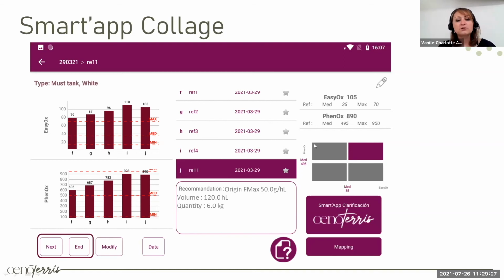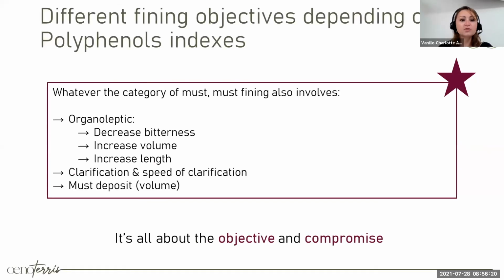But whatever the category of must finding also involves organoleptic impact with decrease of bitterness, increase of volume or increase of length, or clarification and speed of clarification, or must deposit, meaning the volume of lees that you're going to get at the end in the bottom of the tank.